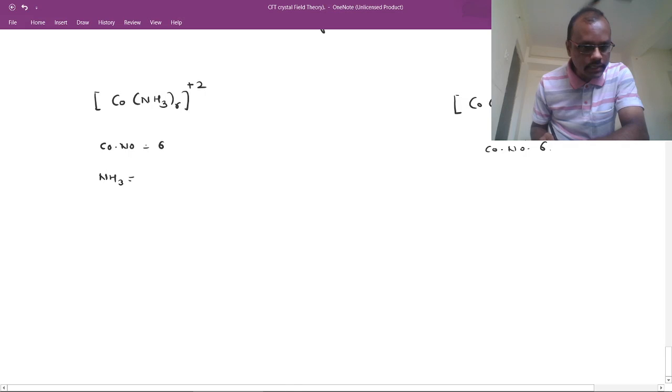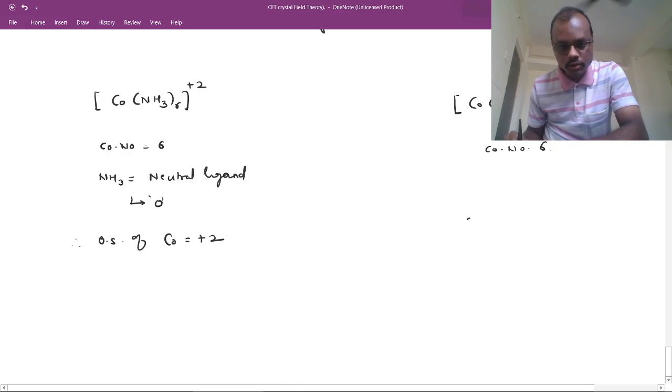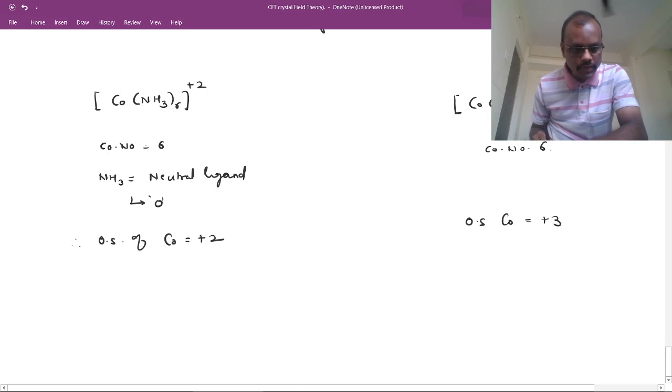NH3 is a neutral ligand, so the charge on ammonia is 0. Therefore the oxidation state of cobalt is +2 in the first and +3 in the second.